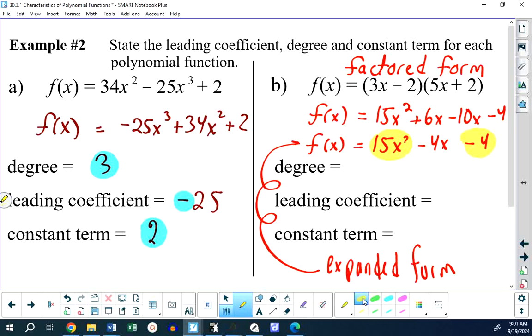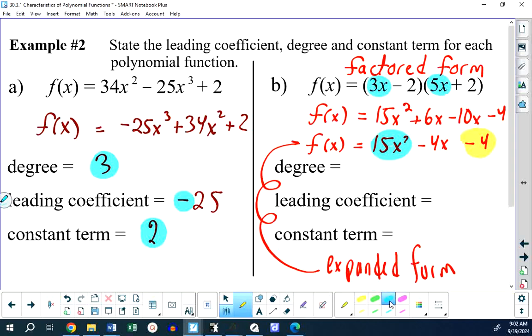And I want you to notice that this, which is the highest degree term, is the product of the highest degree terms in the factors.